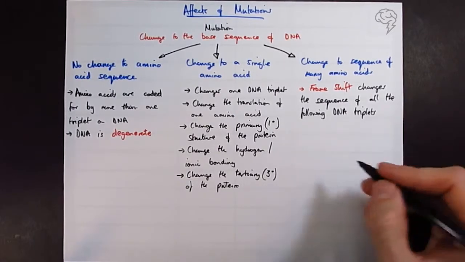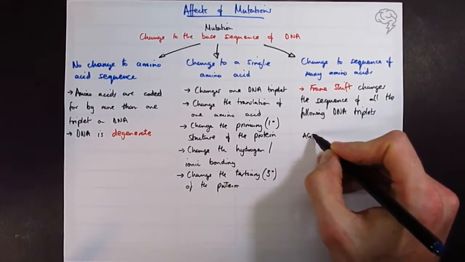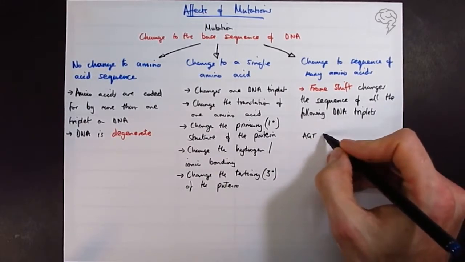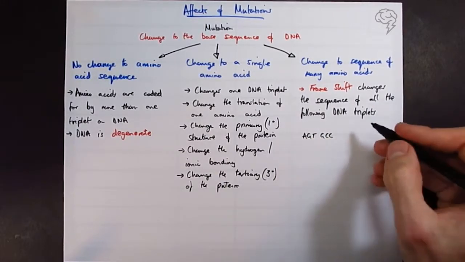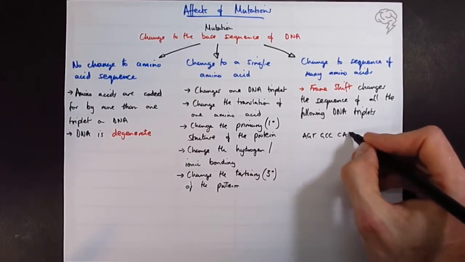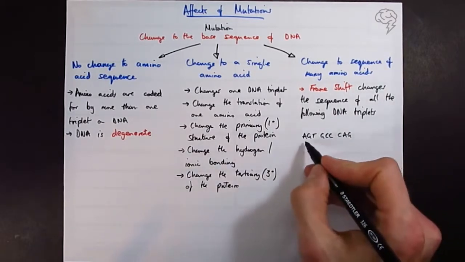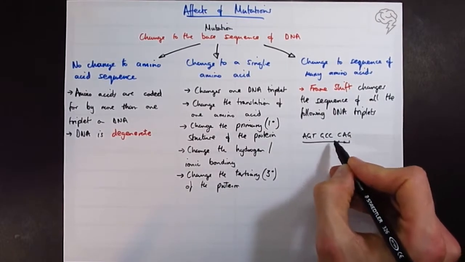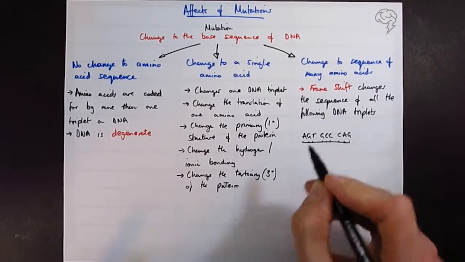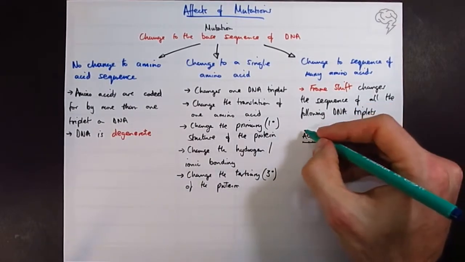Okay, so we're going to do AGT, and that's serine. We're going to do GCC, that's alanine, and CAG is glutamine. This is my DNA, and these are the amino acids they code for.